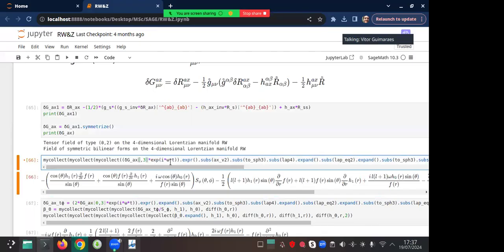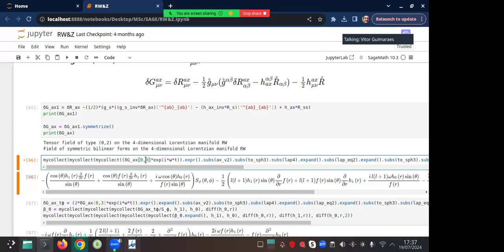So if you check, this is the odd perturbation. Remember, the 0,0 part of the full Einstein tensor was exclusively even. Remember, it was that matrix of A's multiplying Y, the scalar spherical harmonic.